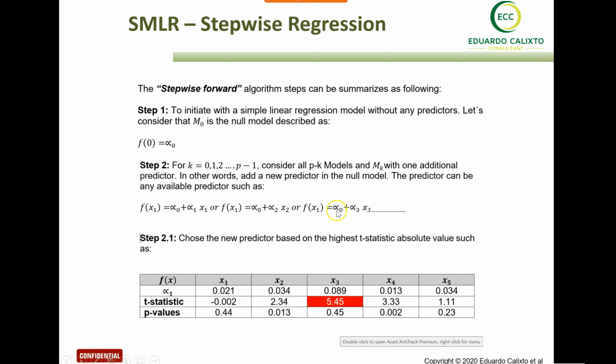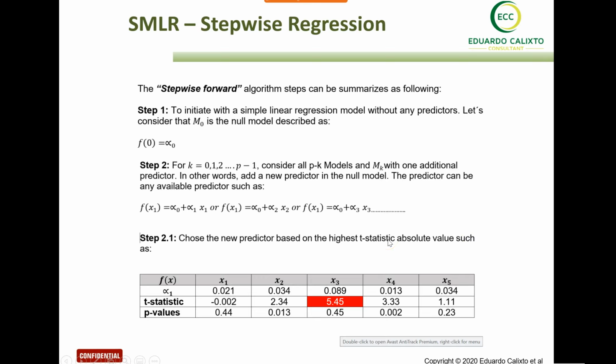So alpha 0 plus alpha 3 x3. Why? Because when comparing t values from different predictors, x3 is the highest one, and then I put the highest one in. And then the next step, I will do the same: I will do regression again, but now I use this equation, and again we add the third term here, and we do the regression again to get the t-statistic and get the second one.